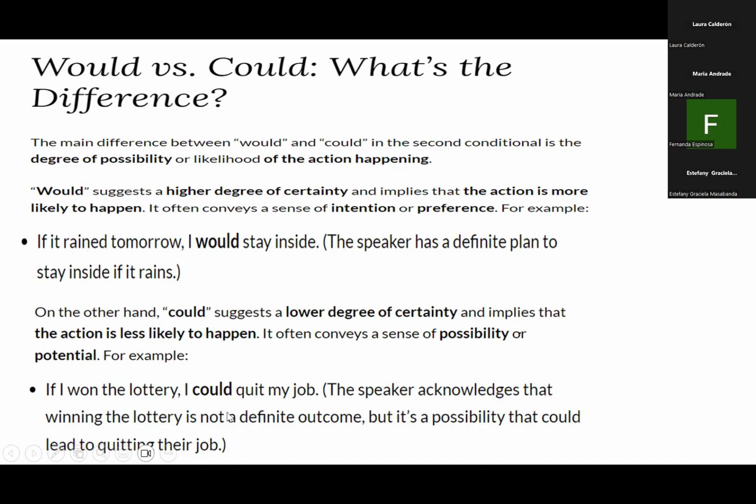So that is a main difference between the use of would and could in the second conditional. And now that you're going to check the third conditional, the idea is the same, because in the third conditional, you are going to use sometimes the modal could, sometimes the modal would. So you have to analyze which one is better to use.